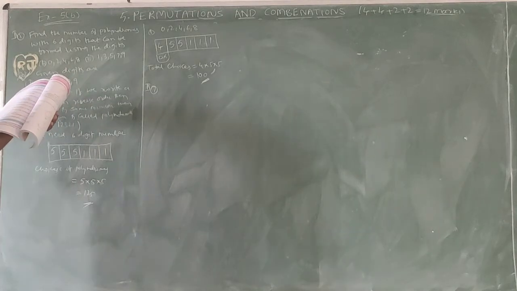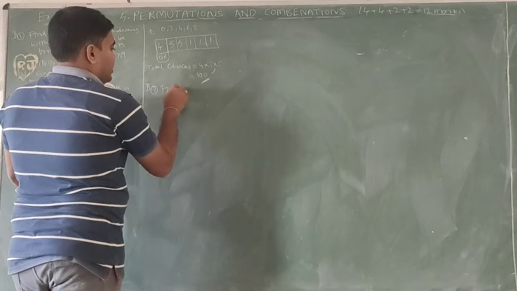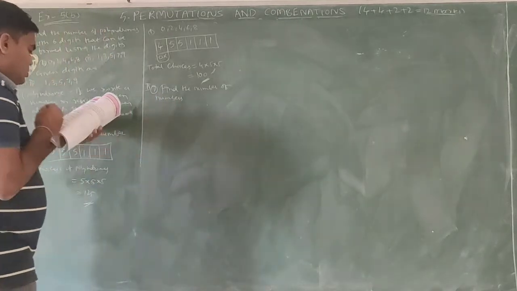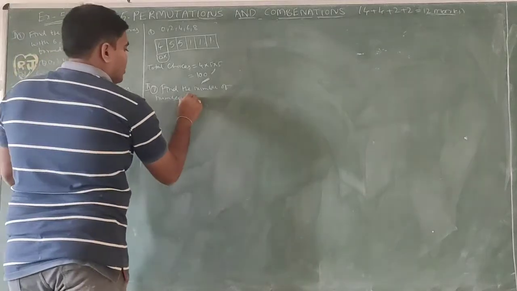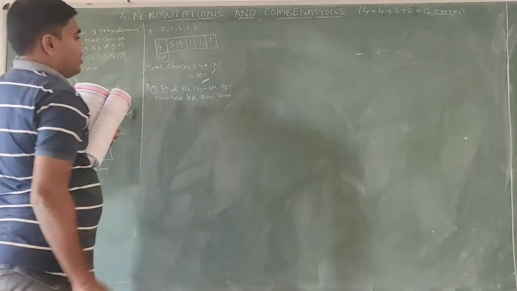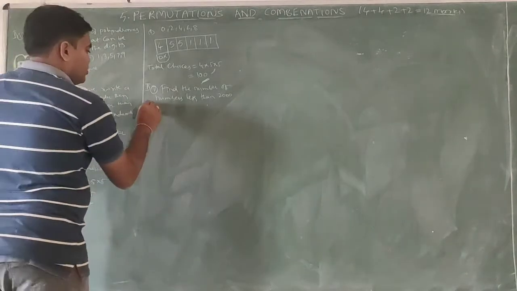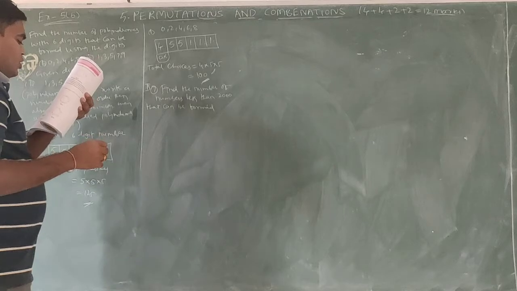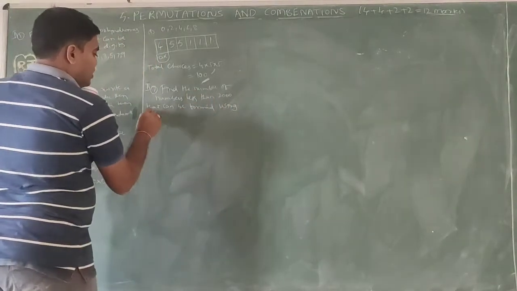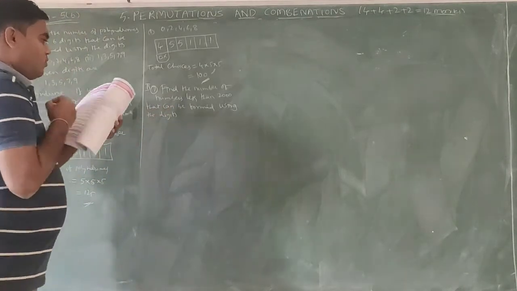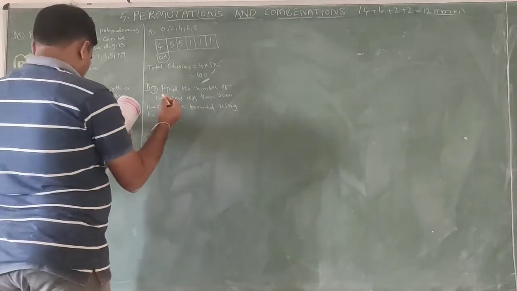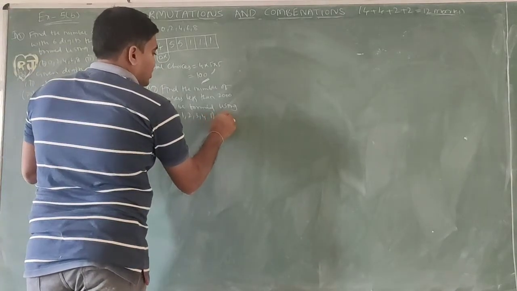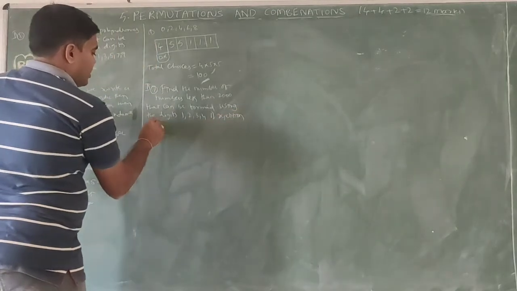The seventh question is: find the number of numbers less than 2000 that can be formed using the digits 1, 2, 3, 4, if repetition is allowed.